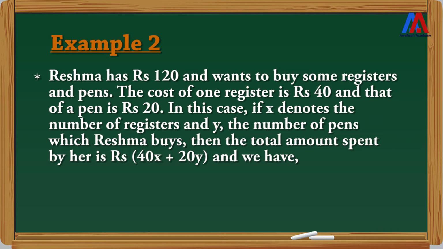In this case, if x denotes the number of registers and y the number of pens which Reshma buys, then the total amount spent by her is 40x plus 20y. And so we can have this equation that 40x plus 20y has to be less than or equal to 120. Now this is the inequality.